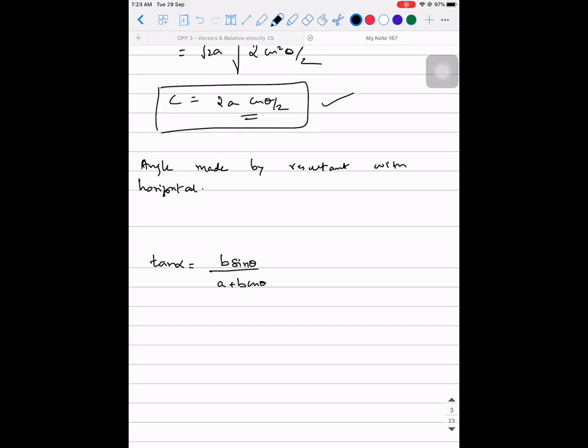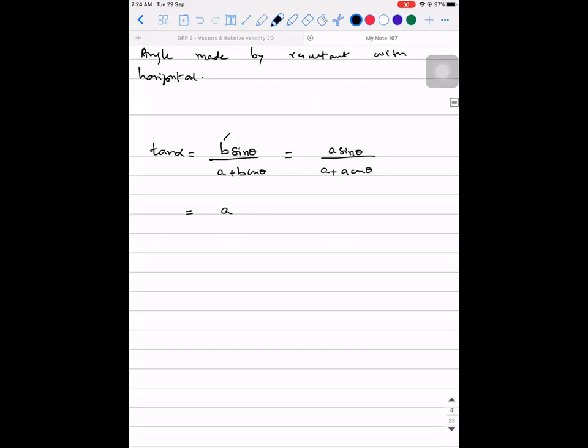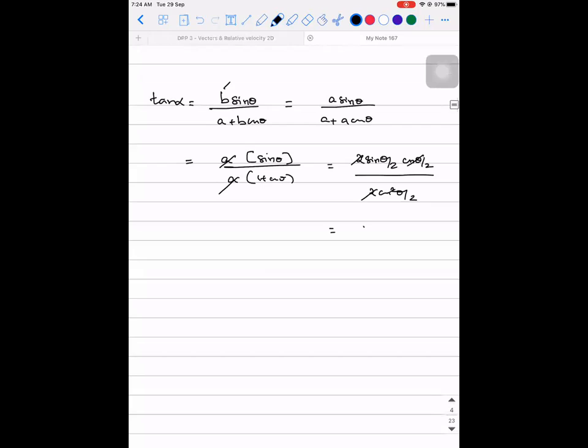Here, what is happening between b and a? B and a are the same. So, can I write it as a sin theta divided by a plus a cos theta? Right. So, this will be a into sin theta divided by a into 1 plus cos theta. This and this will get cancelled. So, sin theta we can write it as 2 sin theta by 2 cos theta by 2 divided by 1 plus cos theta is 2 cos square theta by 2. 2 and 2 will get cancelled, cos and cos are common. So, what will the answer be? Which implies alpha is equal to theta by 2. Right?